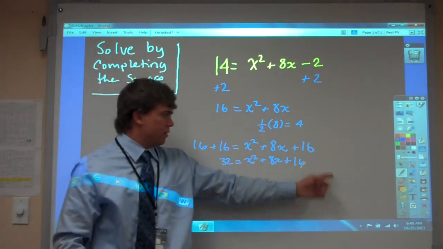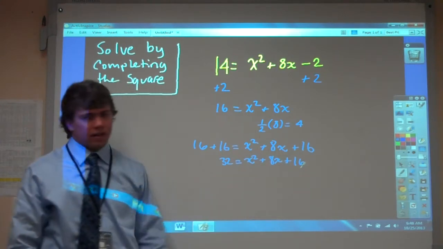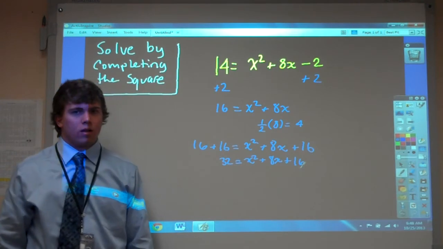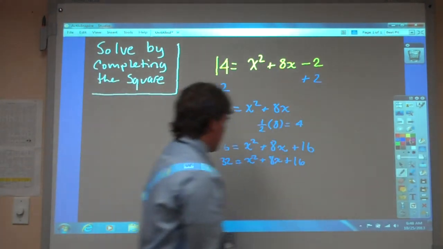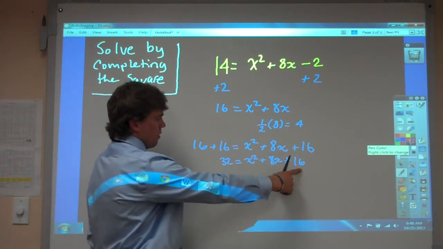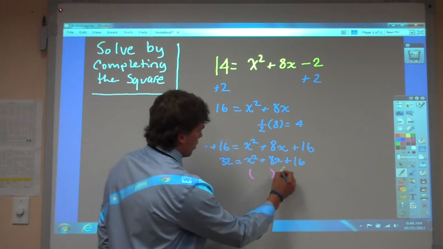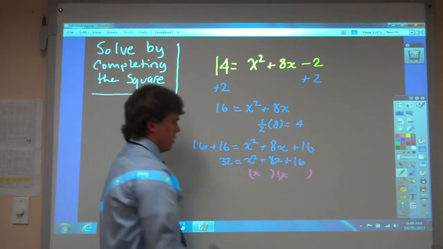And from here, we look at this and we're going to factor it so that we can get one factor, for lack of a better word. So let's do that. First, a and c are 16. Write your parentheses, put an x in each.